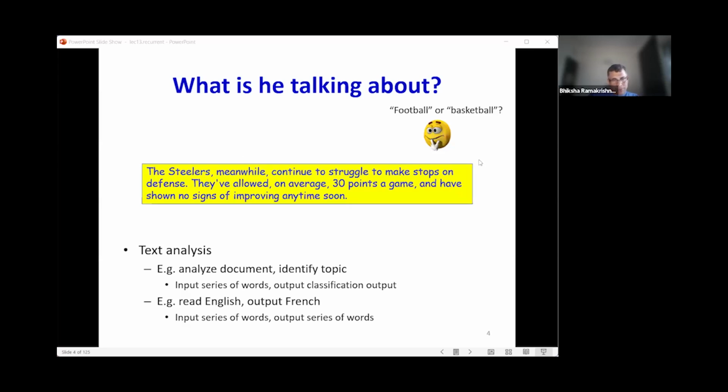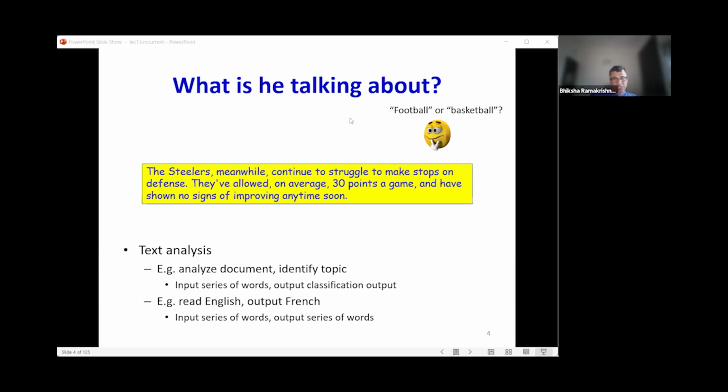You'd have to infer this from analyzing all parts of the sentence, including the fact that a game has 30 points for a winning team, that teams make stops on defense, and so on. And only after analyzing all of that could you determine that this is football and not basketball, for instance.